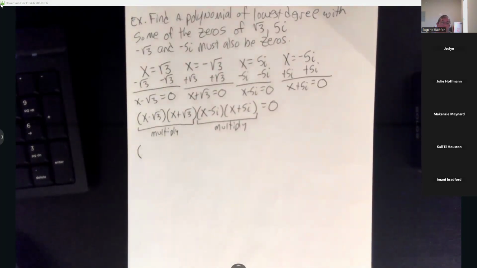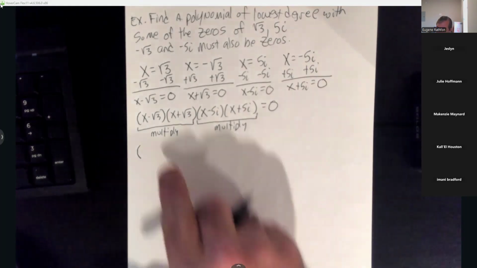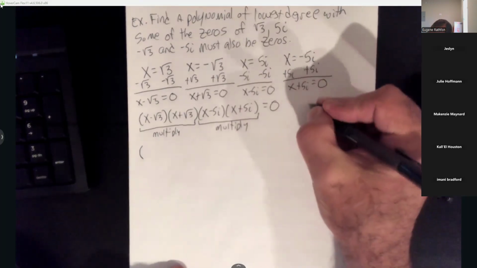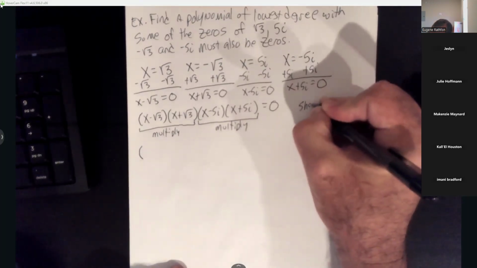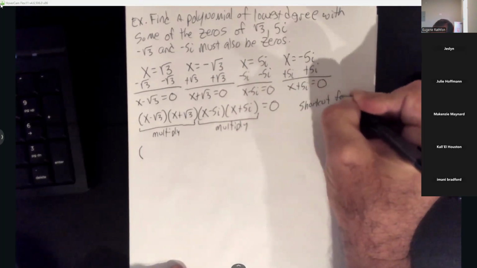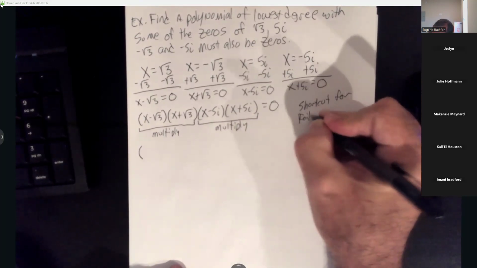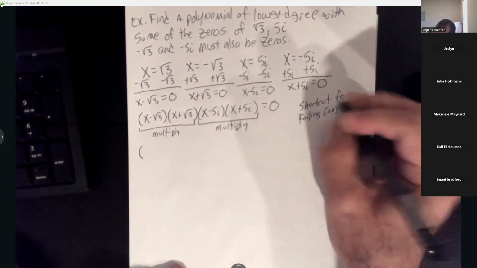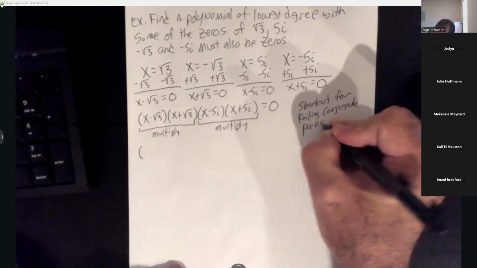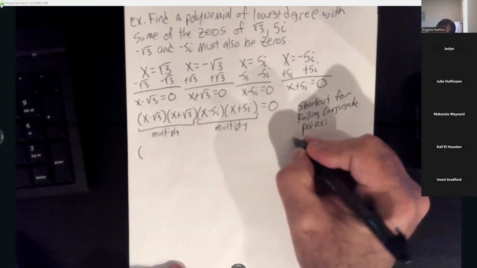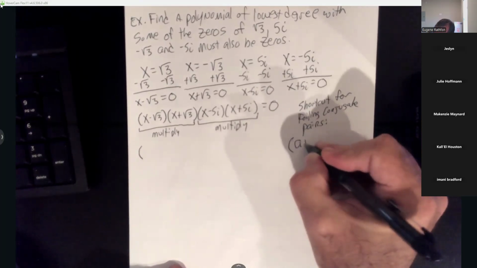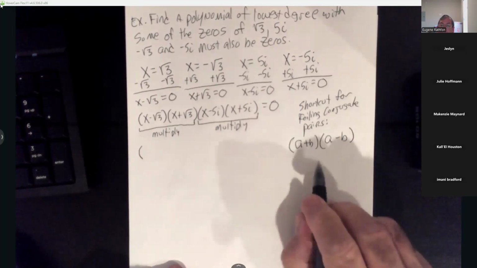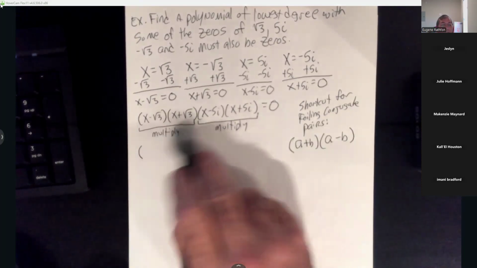Now, y'all, let me show you a shortcut on these. Since these are conjugate pairs, here's a shortcut for foiling conjugate pairs. If I got A plus B times A minus B, this is what I'm going to do to both of these pairs over here.